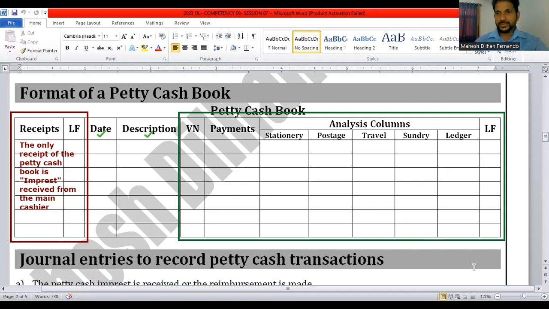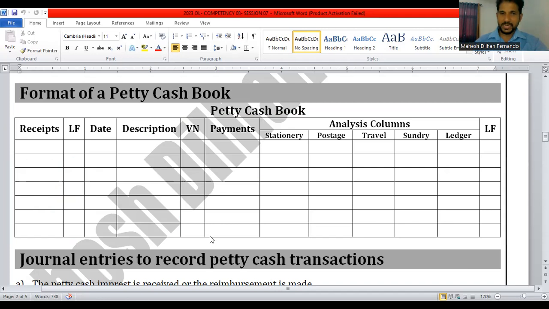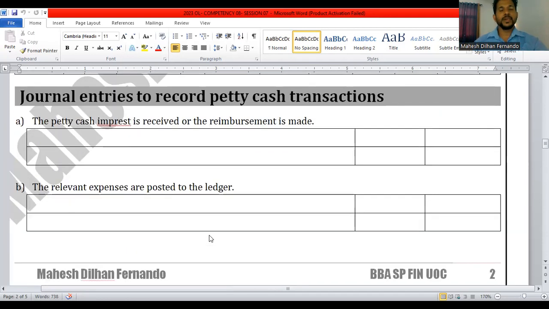Now, let's write down a few double entries. When the petty cash imprest is received and reimbursement is made, the double entry goes like this. Whenever the petty cashier has received the petty cash imprest or reimbursement, the double entry is this.